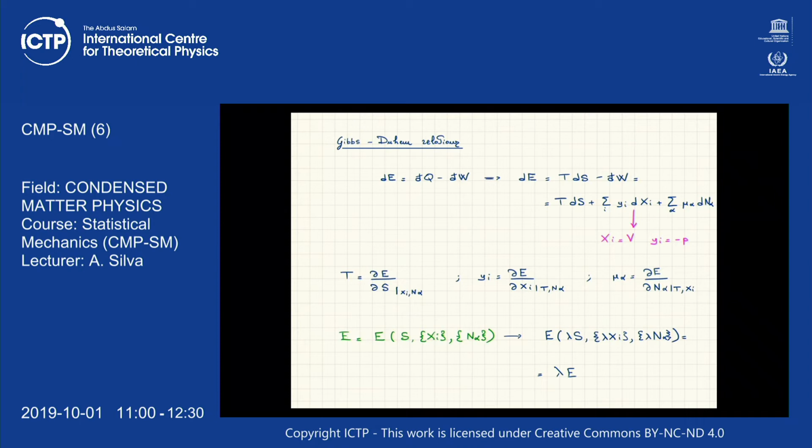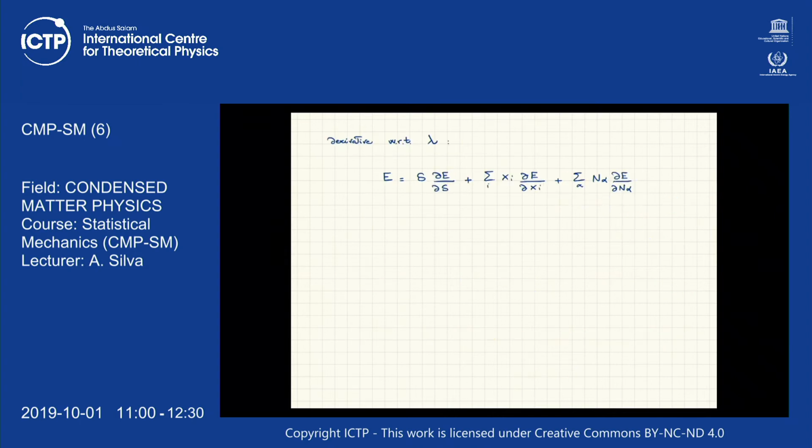We know that dE/dS is T, dE/dxi is yi, dE/dn is mu. Therefore, what we just discovered is that E is equal to S times T plus sum over i xi yi plus sum over alpha n alpha mu alpha. Correct? It's just a consequence of the fact that the energy is extensive.